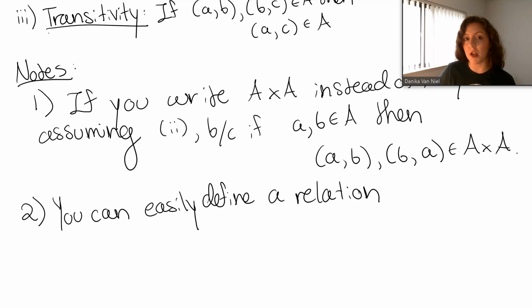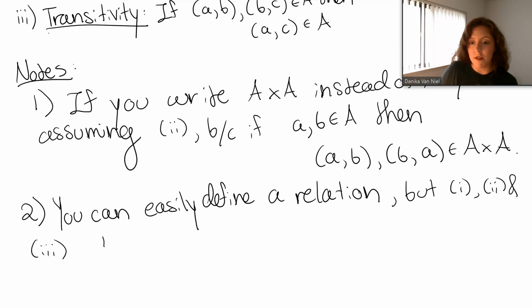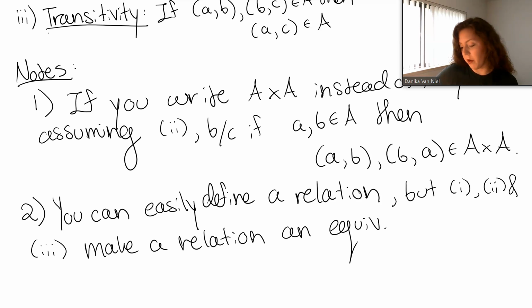Do you remember when we were talking about functions? I said if you don't give a function a domain and a codomain, then it doesn't really make any sense. How am I supposed to know if it's a function or not? And I'll often shorten equivalence relation to equiv rel.